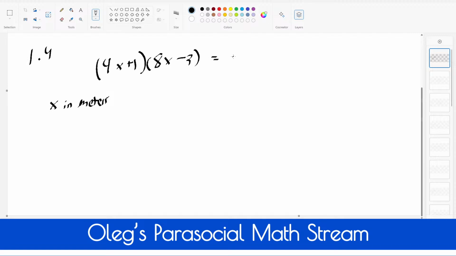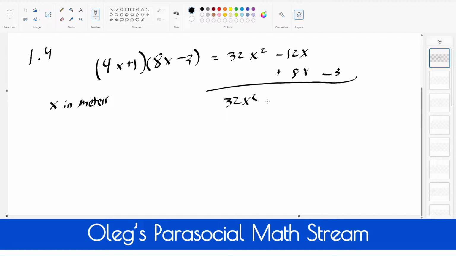So that's going to be 32x squared, and then we have minus 12x plus 8x minus 3. That's 32x squared minus 4x minus 3.